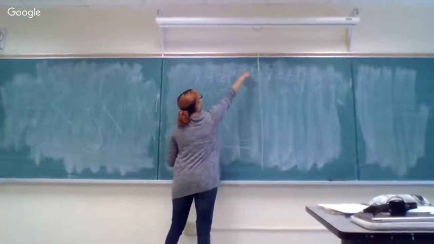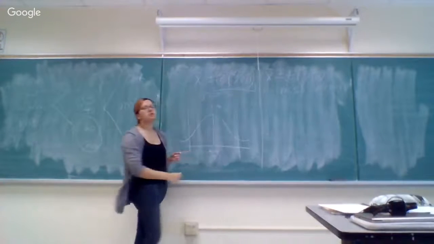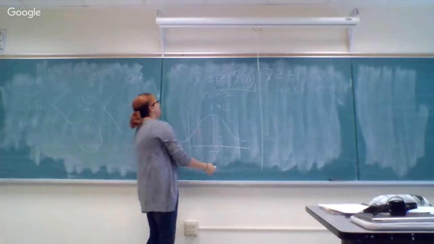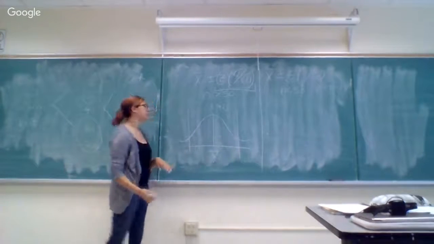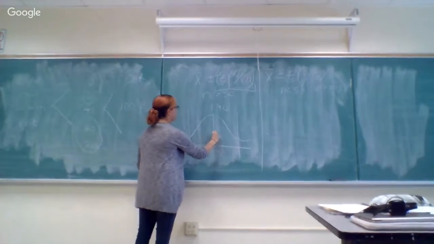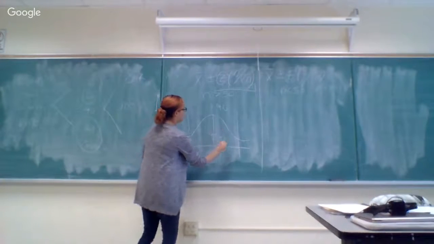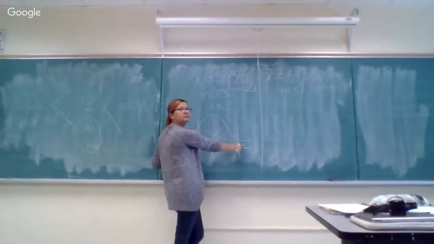So this thing is your standard error. This thing is your margin of error. And if you add and subtract it to the mean, you get your interval. We know that 95% is inside here, and that means there's 5% outside.